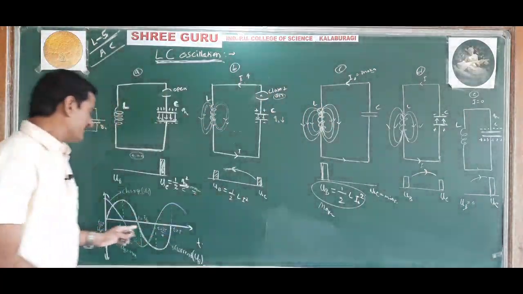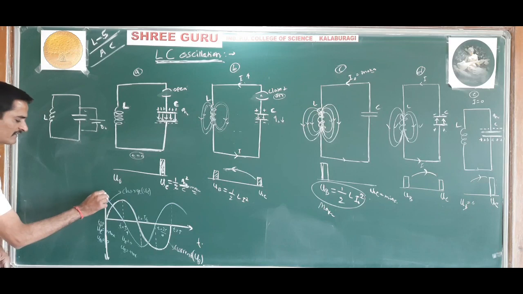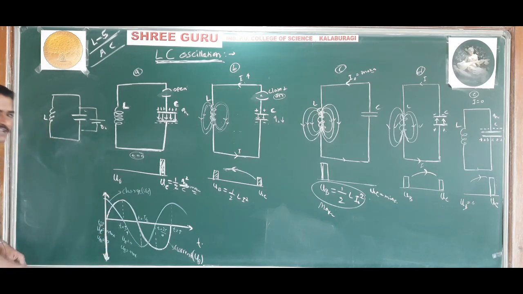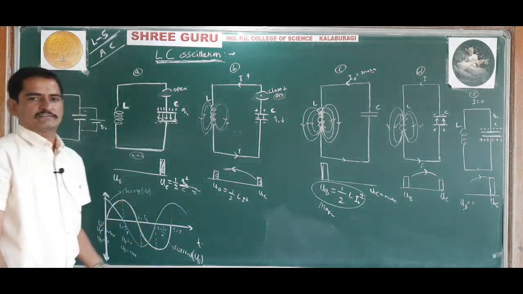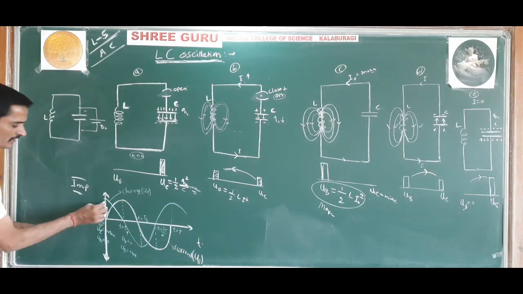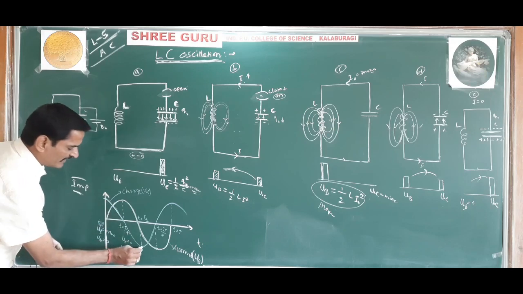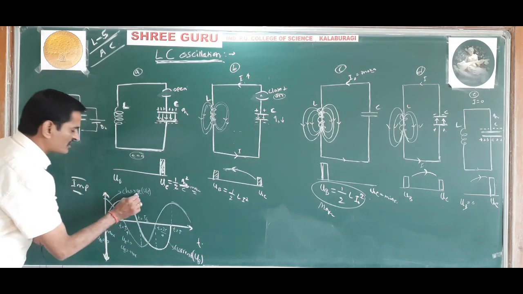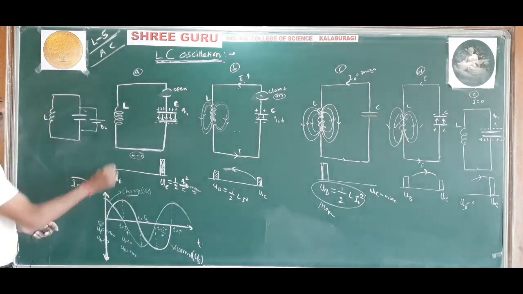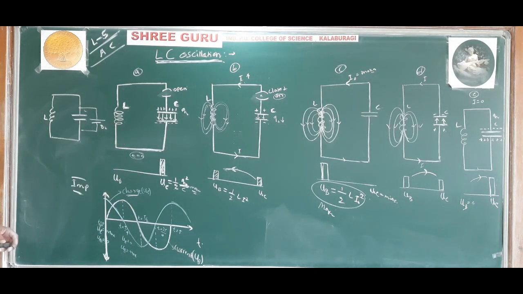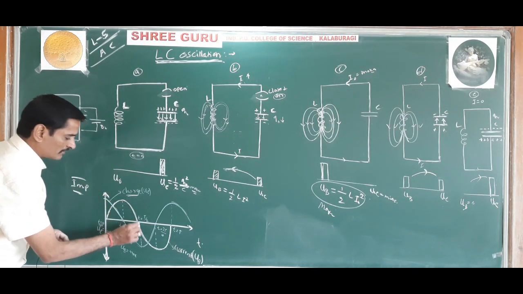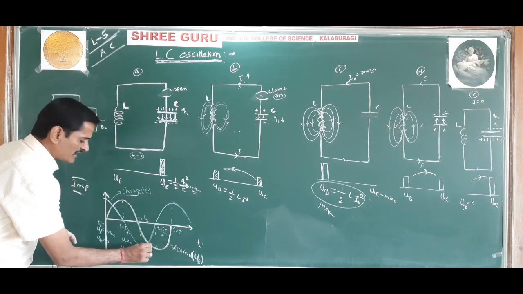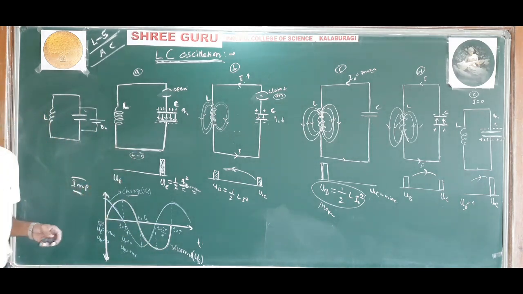Okay. So now this graph indicates the variation of magnetic energy and electrical energy. This graph is very important to solve the numericals here. So this line indicates the variation of charge in this tank circuit, and this graph indicates the variation of current in this tank circuit.